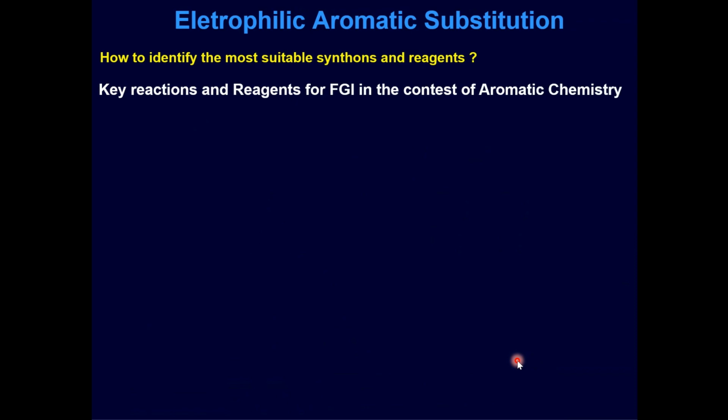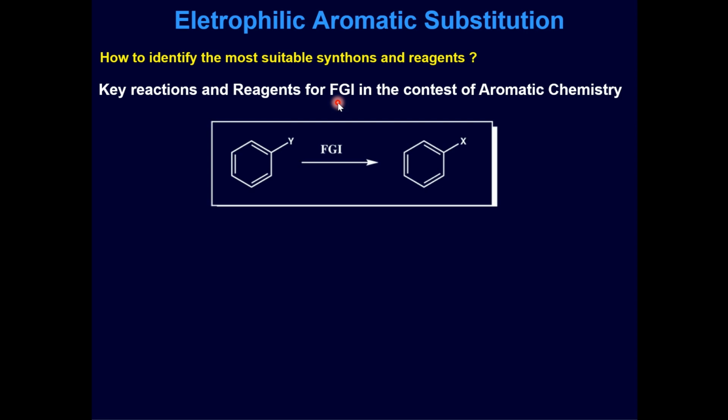That's why in that case we have to go for functional group interconversion, that we call FGI. Sometimes we need to do functional group interconversion, and that group you have to introduce and then convert into the one which we are in need.